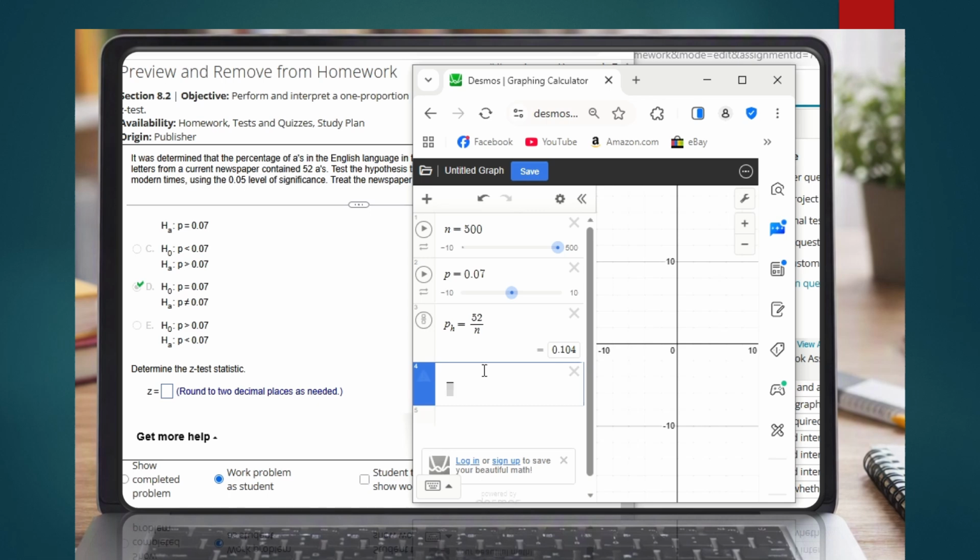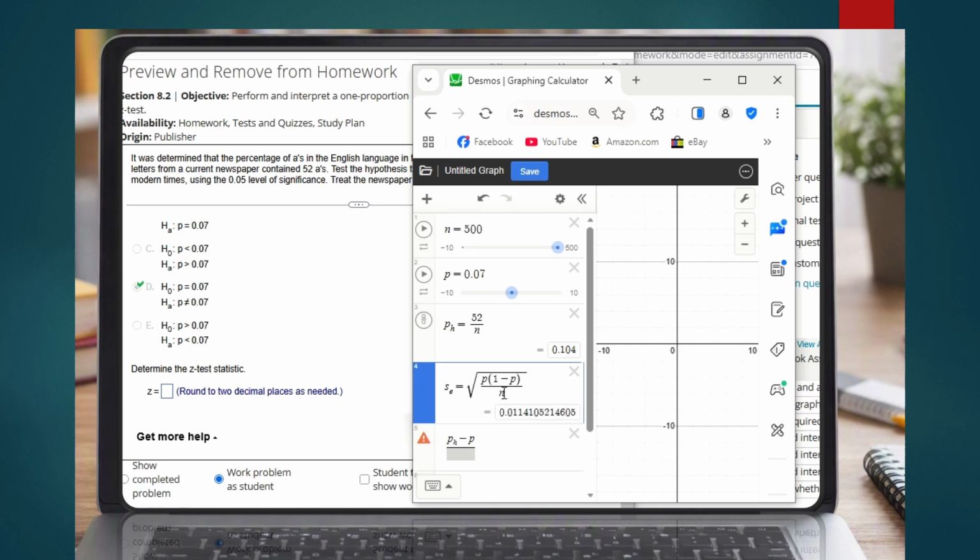So next we want to get the Z test statistic. And remember, once again, we're talking about P hat minus P, and we do need the standard deviation, or standard error. Remember the formula for that is square root of P times 1 minus P over n.